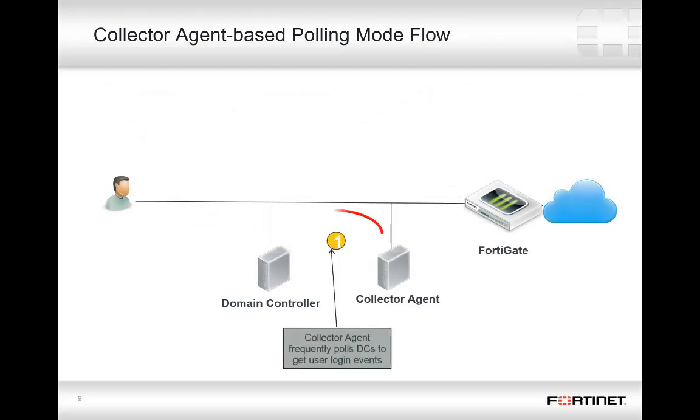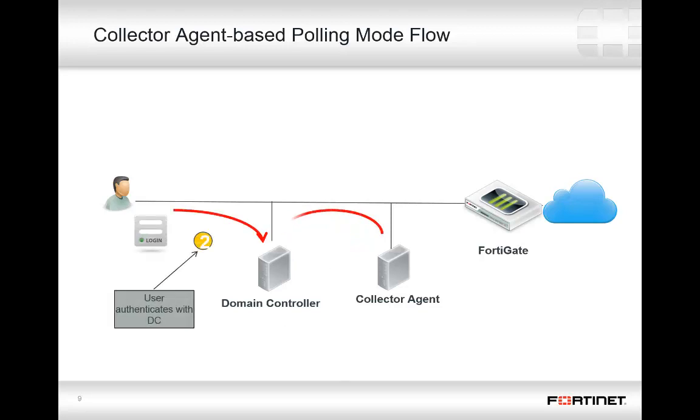Let's see an example of FSSO using the agent-based polling mode. Here again is a DC, a collector agent, and FortiGate. But the DC doesn't have an agent installed, so the collector agent is constantly polling the DC to ask if there are any new login events.